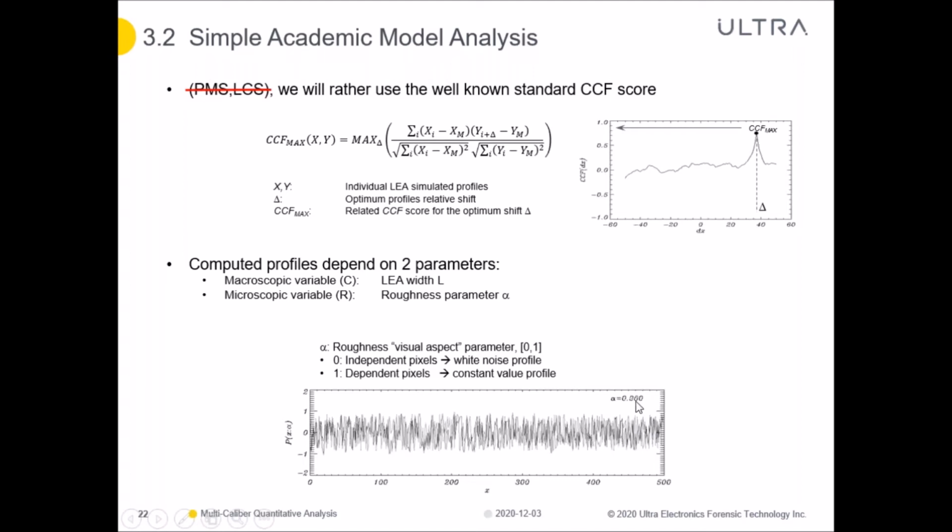But if we raise alpha up to 0.25, 0.5, 0.75, we start to see structures appearing, which means that we have dependency through neighbor pixels. But when we get the value of 1, we attain the full dependency, which means that the profile has a unique value. It's actually constant, as you can see.